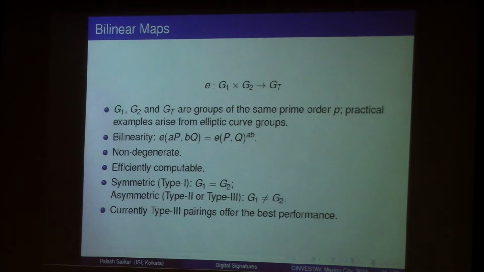So Joux was the first person to show that these maps can be used for designing cryptographic protocols. And this has become the main tool for a lot of the currently proposed signature schemes. So I'll talk a bit about that. E is a map from G1 times G2 to GT, where these three groups are of the same prime order p. And practical examples arise from elliptic curve groups.